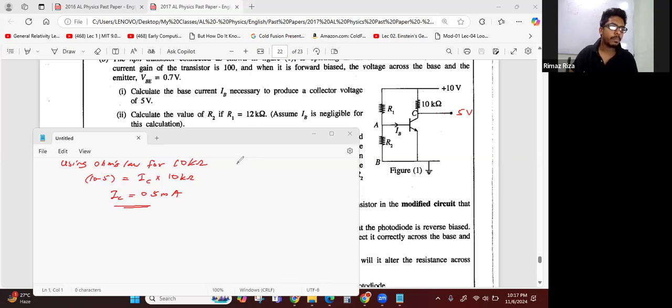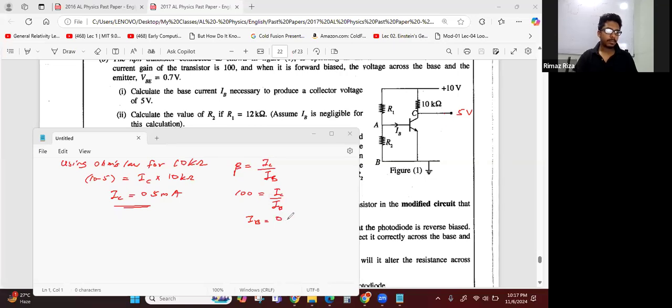Therefore, beta equals IC over IB, right? The current gain beta equals IC over IB. So 100 equals IC over IB. Therefore, IB equals IC divided by 100.